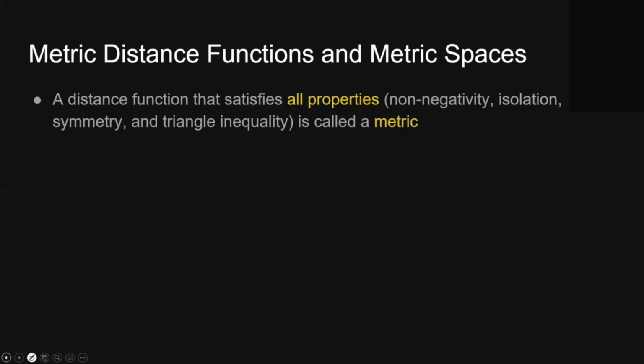Whenever there's a new problem, unless the definition of the distance is crystal clear from domain knowledge or from the very definition of the data variables, unless the function is given inherently, you need to come up with your own distance function and make sure that it satisfies all these conditions.